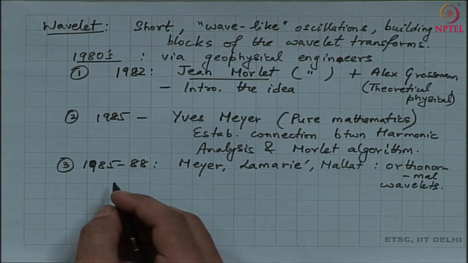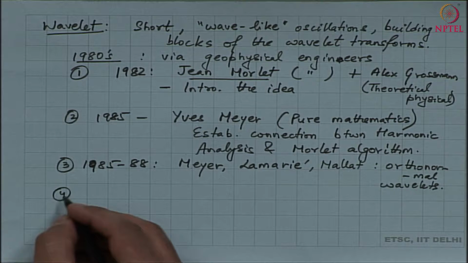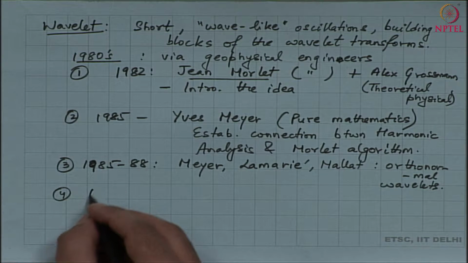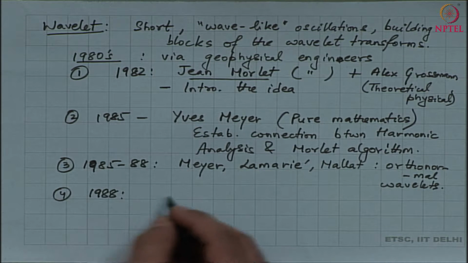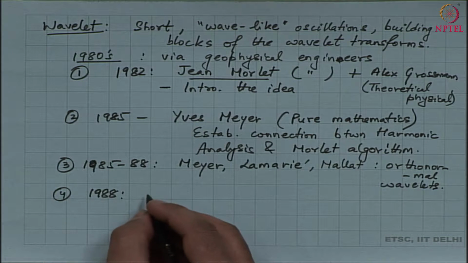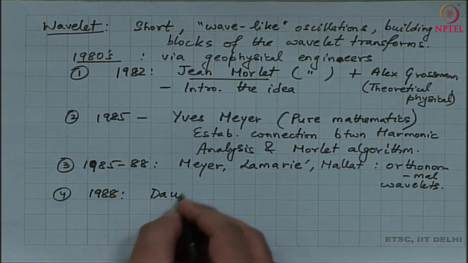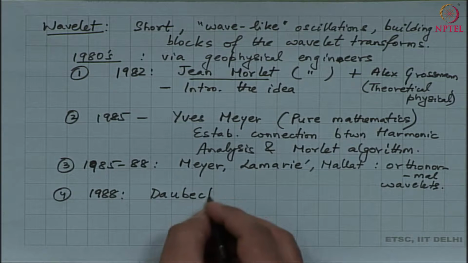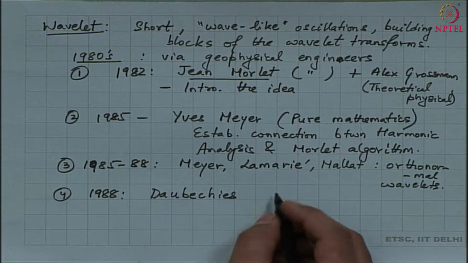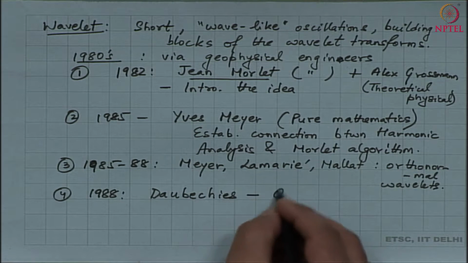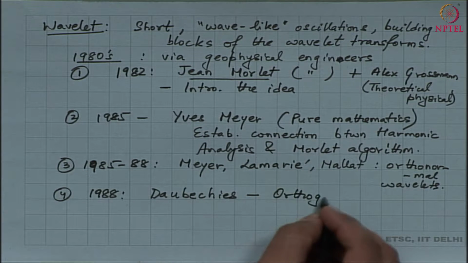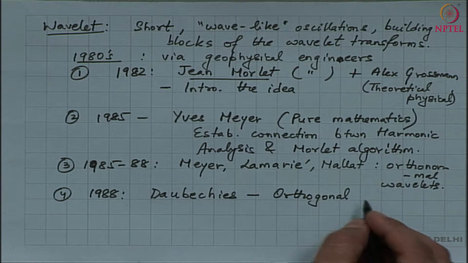Another big achievement was in 88 by a Belgian mathematician by the name of Daubechies. Daubechies introduced the so-called Daubechies wavelets, which are orthogonal wavelets of any given prescribed order of continuity or differentiability.